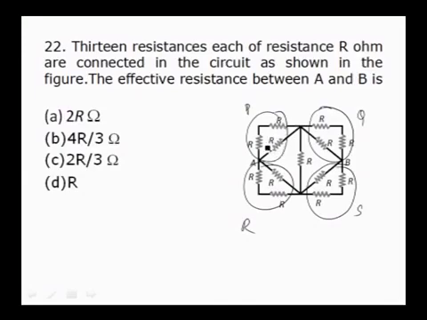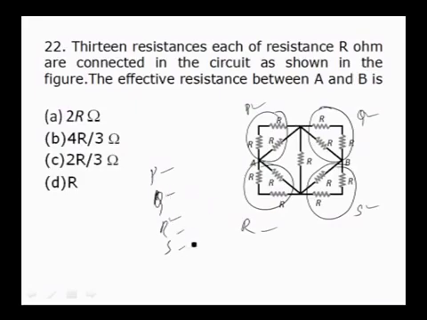It means the effective resistances of these are identical. When all the resistances are identical in the four arms of the bridge, then the bridge is balanced. Therefore, the equivalent resistance is equal to any one of them, either P, Q, R or S.